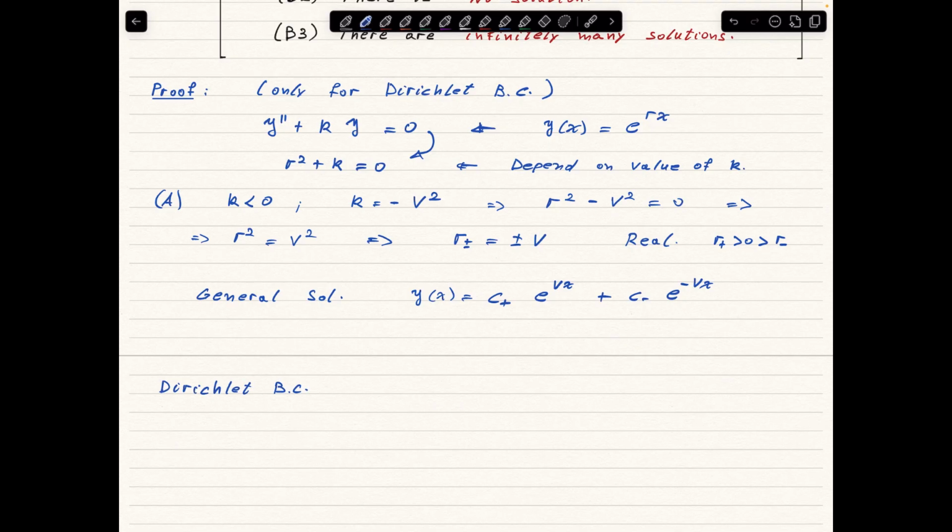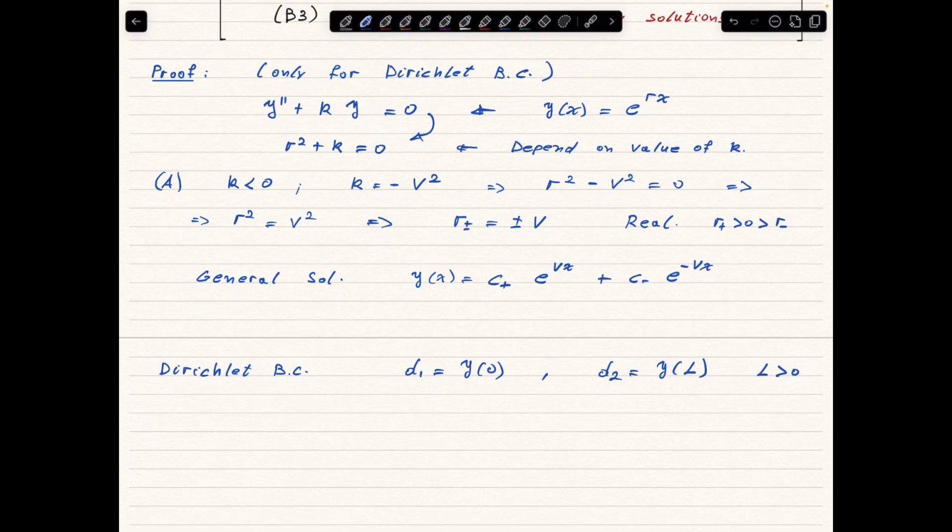And what are the boundary conditions? Well, d1 is the value of the solution at 0, so we look for a solution that satisfies this condition, and also the other condition that d2 is the value of the function at L, where L is positive, so two different values for the independent variable.